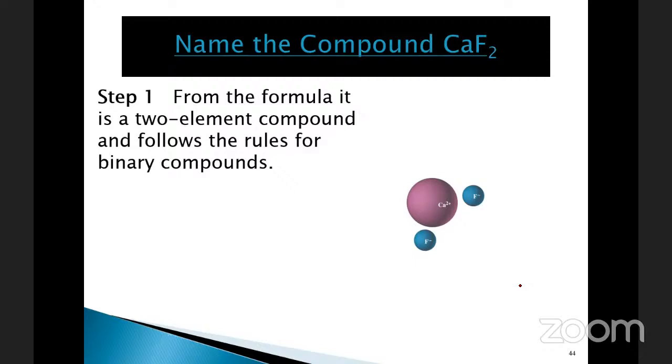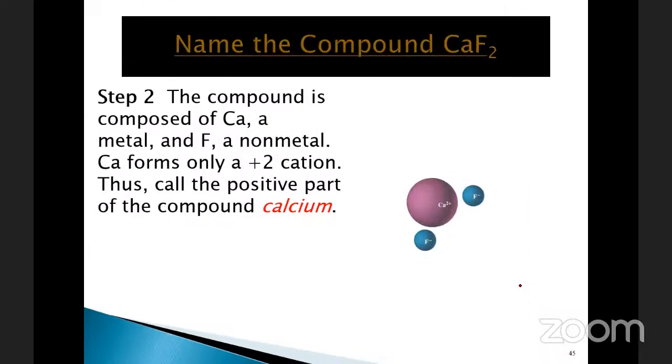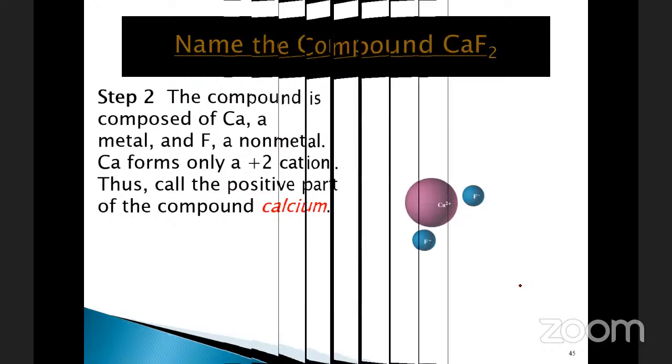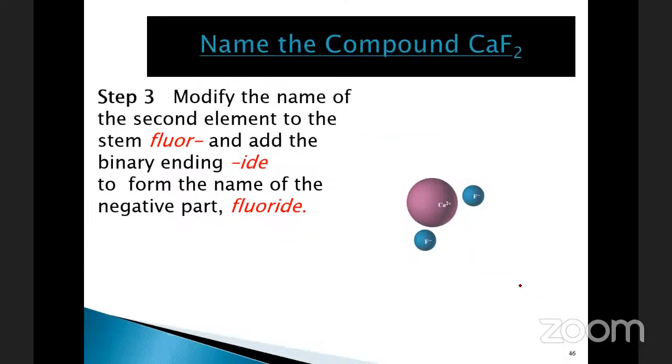So the question is, how do we name this compound? In step 1, from the formula, we know it's a two-element compound, so therefore we know it's a binary compound, and we follow the rules concerning binary compounds. Then we identify the cation, which will be the calcium ion. So the first part of the name will be calcium. The other part of the name is due to the fluorine, but we cannot use the full name of the fluorine.